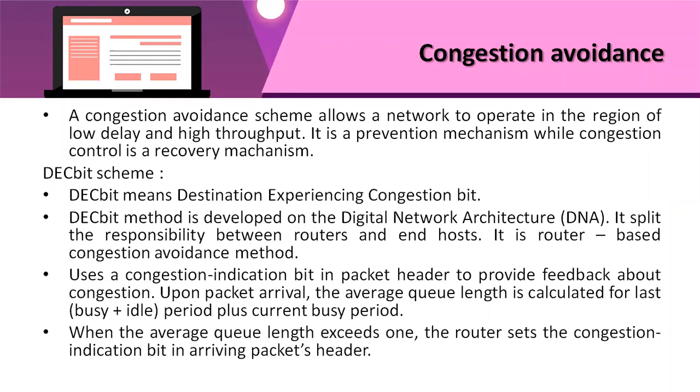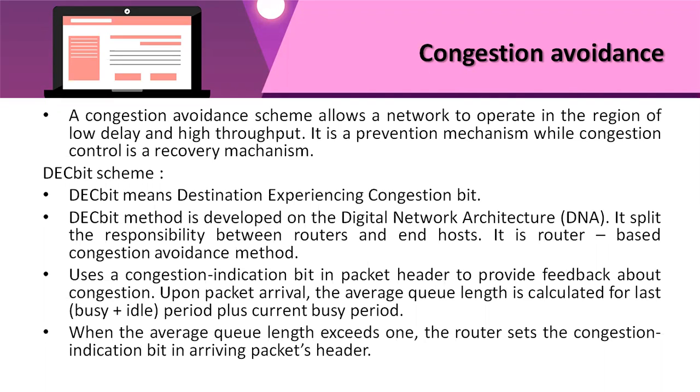The congestion avoidance scheme allows the network to operate in the region of low delay and high throughput. Actually, it is the prevention mechanism, while congestion control is the recovery mechanism. So this is the difference between congestion control and congestion avoidance.